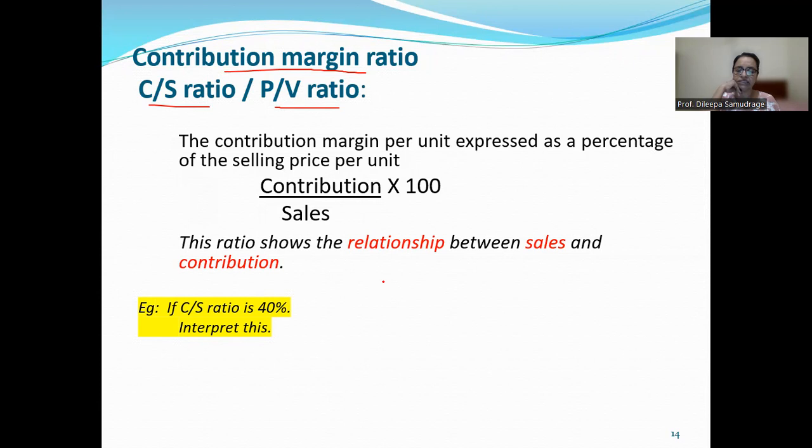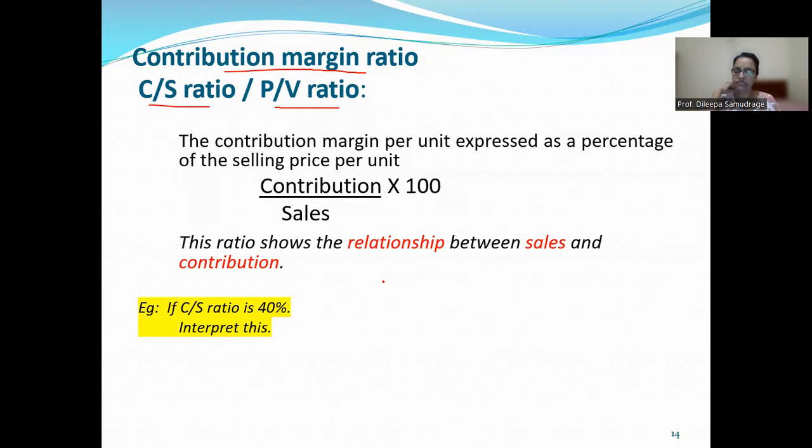Yes, when sales is 100, contribution is 40. So what about the other parts? From this percentage, you can talk about contribution, you can talk about sales, and what else? Fixed cost plus profit or loss is going to be 60%.